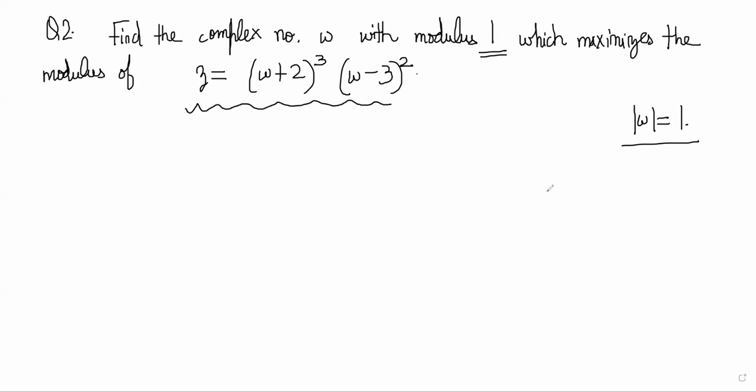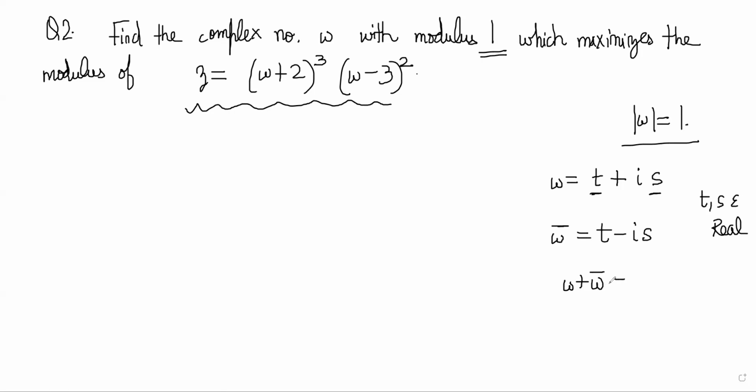Let's say w was some complex number t plus i s, keeping t and s as two real numbers, right? So we know that w conjugate would be t minus i s, and w plus w conjugate would be 2t, and w plus w conjugate by 2 will be equal to t. Here t is real. So we know these facts. Now let's try to think about what is mod of w minus a whole square.